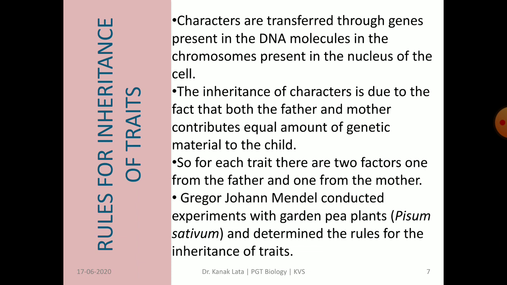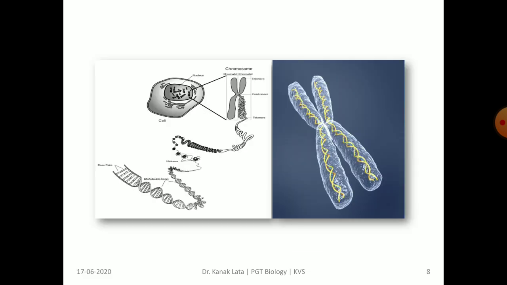Gregor Johann Mendel conducted experiments with Pisum sativum, that is garden pea, and he determined the rules for inheritance of characters from one generation to another generation. This figure shows that chromosomes are present in the nucleus of the cell.